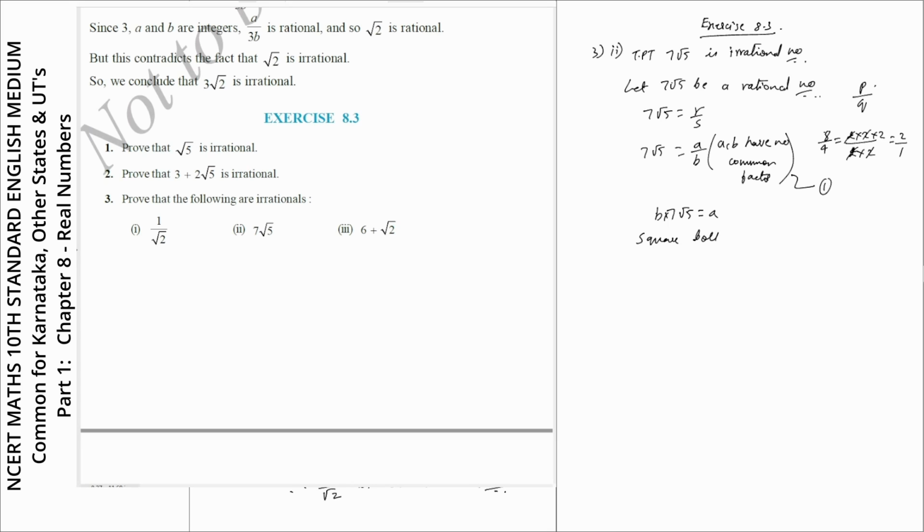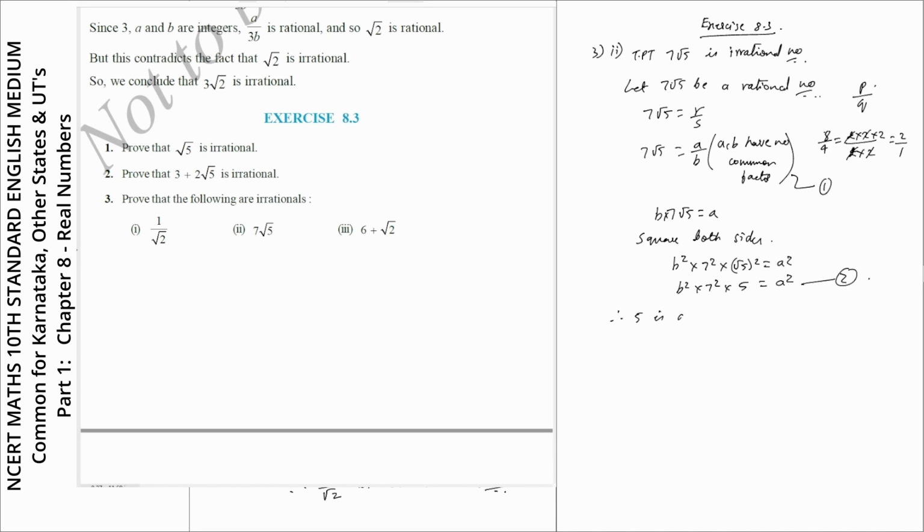If I square both sides, I'll get b square into 7 square into root 5 the whole square, which is 5 only, is equal to a square. Now what is the meaning of this? I'll mark this as equation 2.